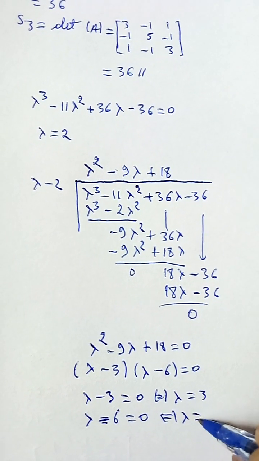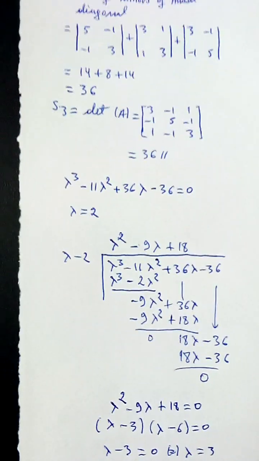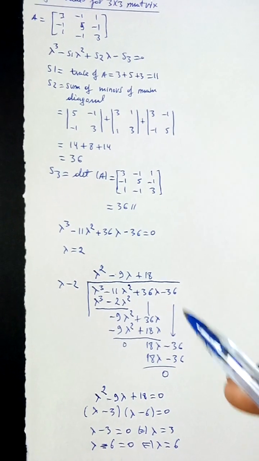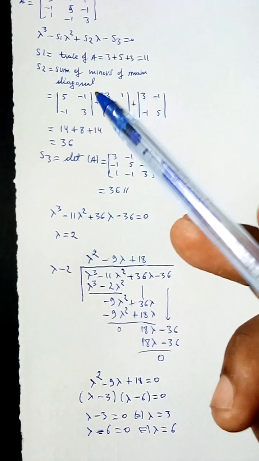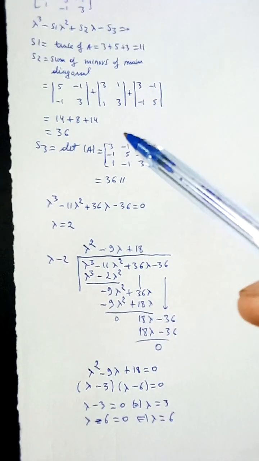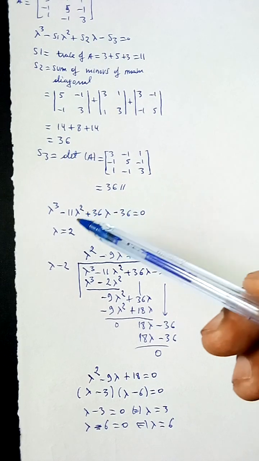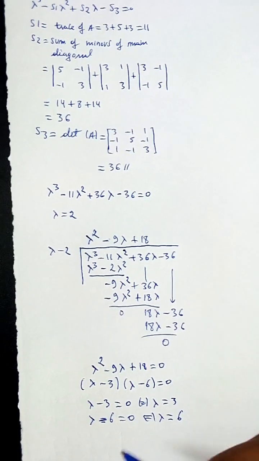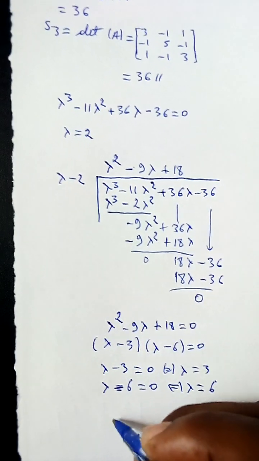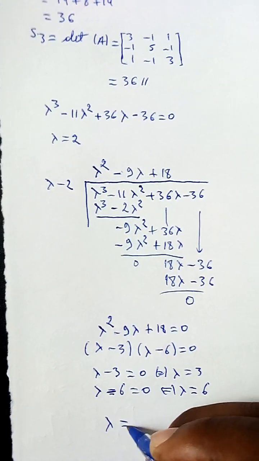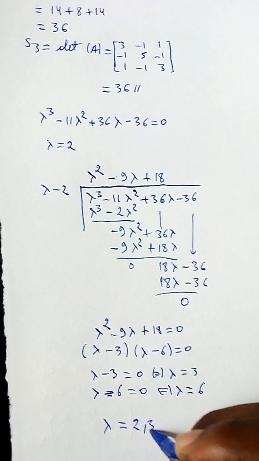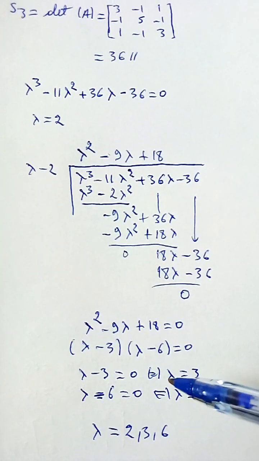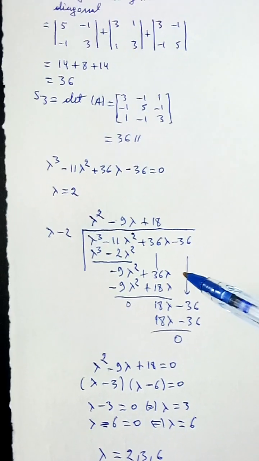Lambda is equal to 6. So guys, as you see here, for this 3 cross 3 matrix, we got the 3 eigenvalues. We get 2, we get 3 and 6. Those are the eigenvalues for this 3 cross 3 matrix.